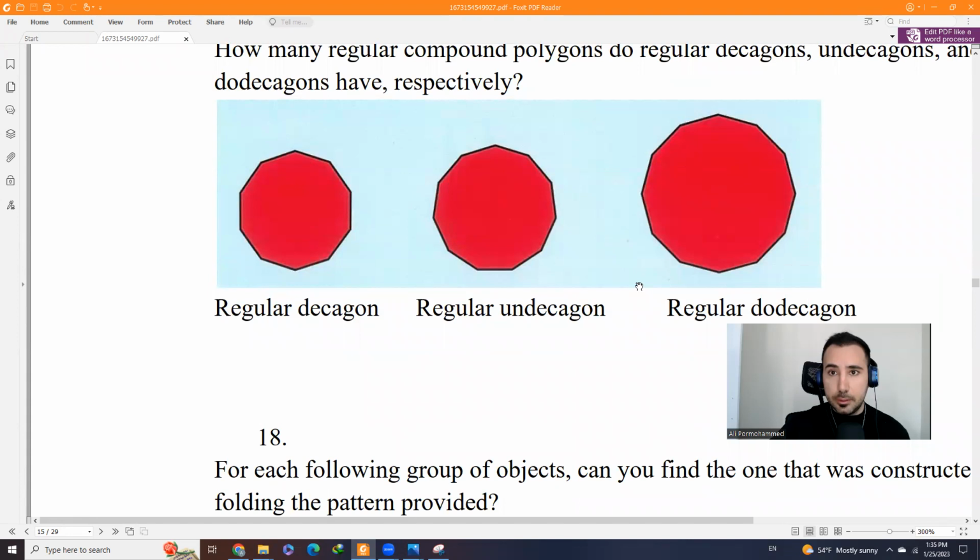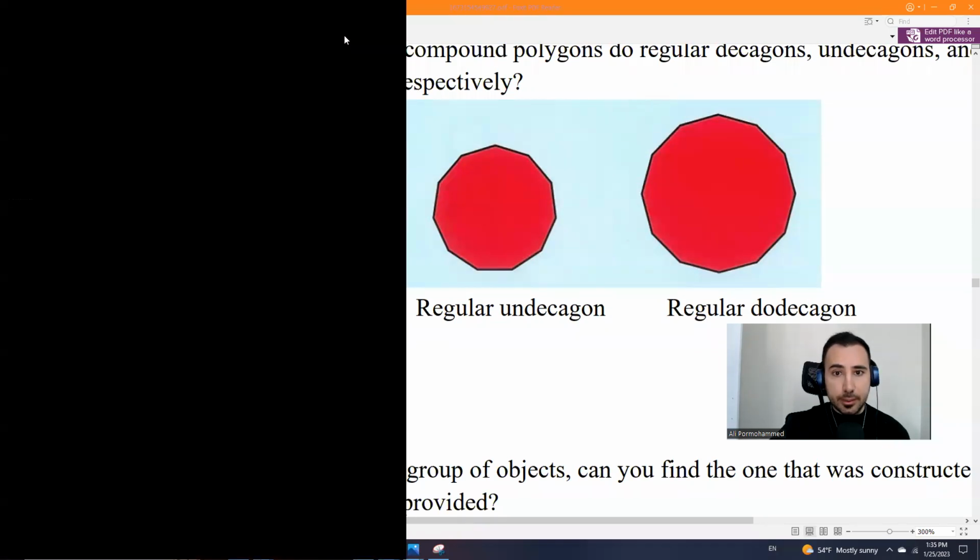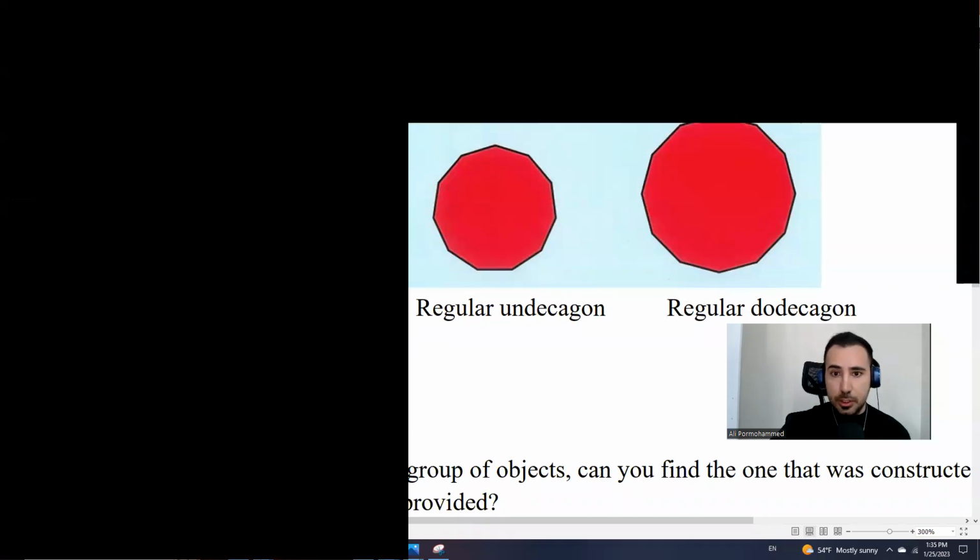So all we have to do is continue these shapes, okay? So all we have to do is continue the shapes like this. And this one like this, and this one like this.